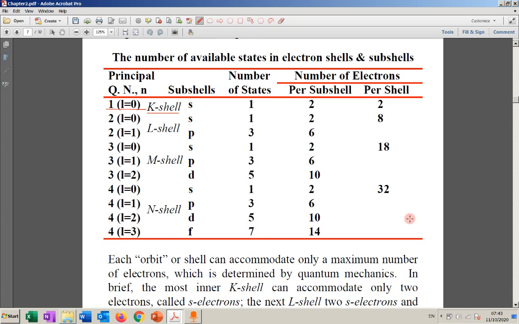Imagine this is the nucleus. The first circle, the cloud that the electron is orbiting inside, they call quantum number 1, principal quantum number 1, or sometimes the K shell. The second one goes somewhere bigger than this one, and that's going to be quantum number 2, or the L shell, then the M and N shells.